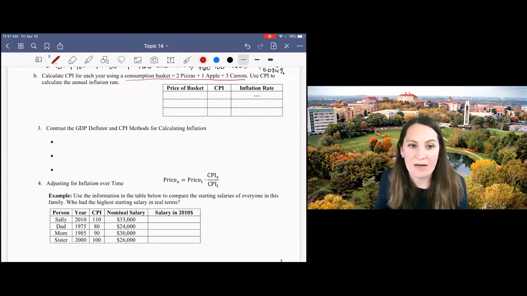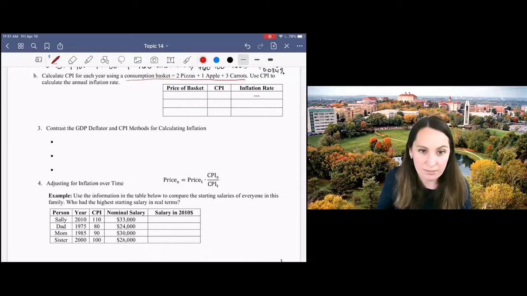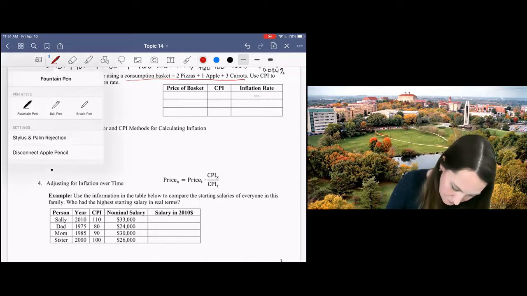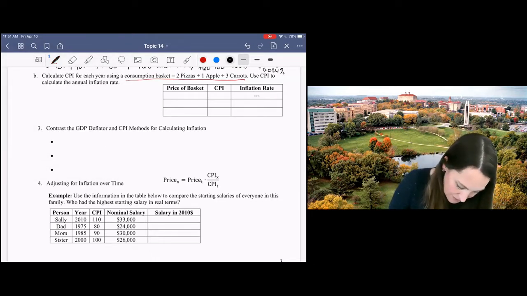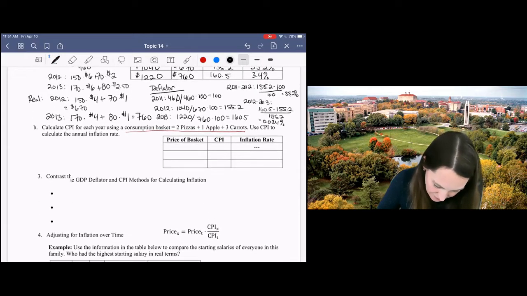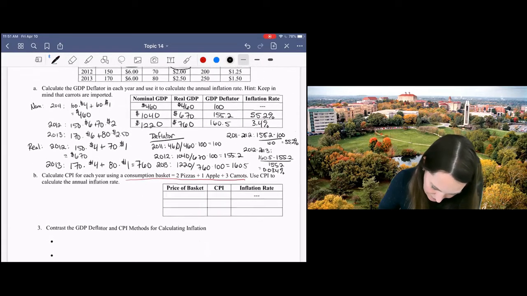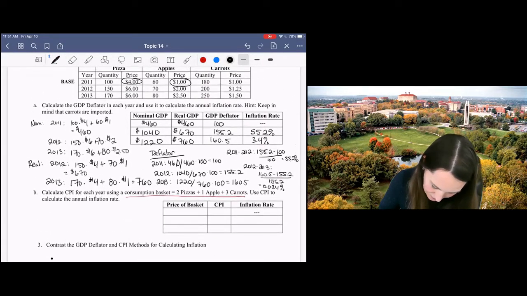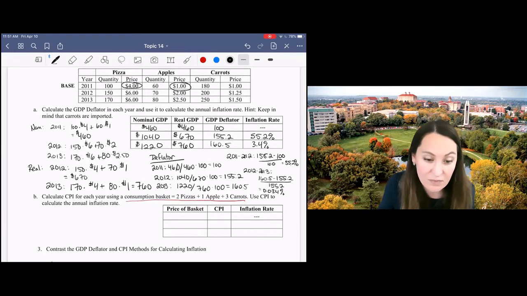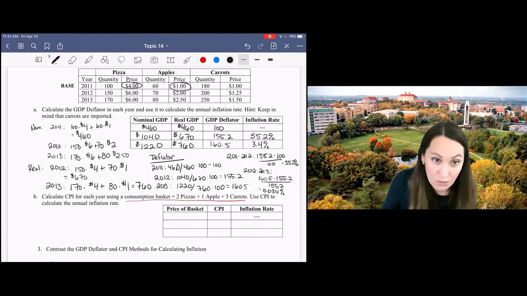Now, to create our price index, we just need to find the price of the basket in each year. How much money would it take to buy these products? Okay, we're just going to scroll here so we can see our prices on the same screen. And then we'll use that to calculate our price index.